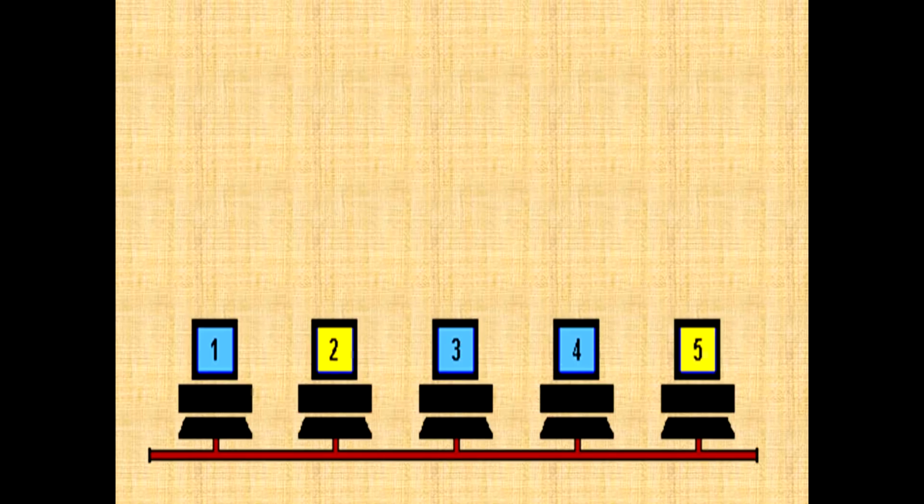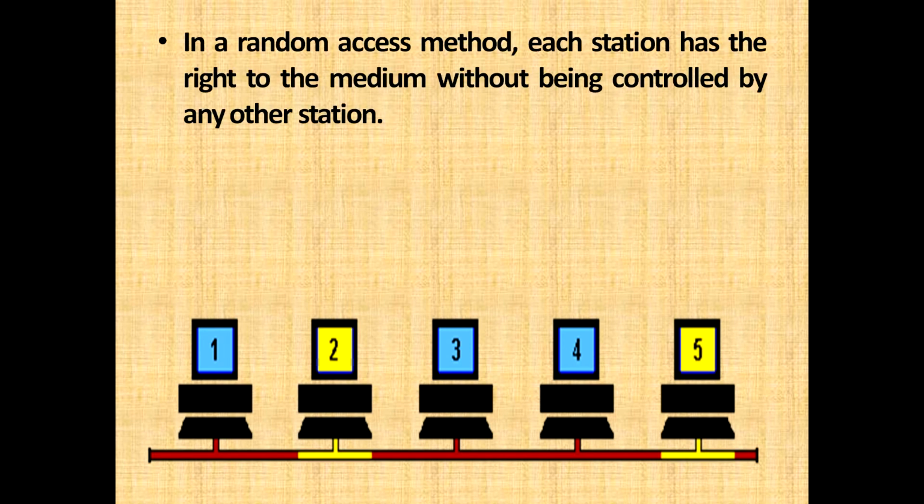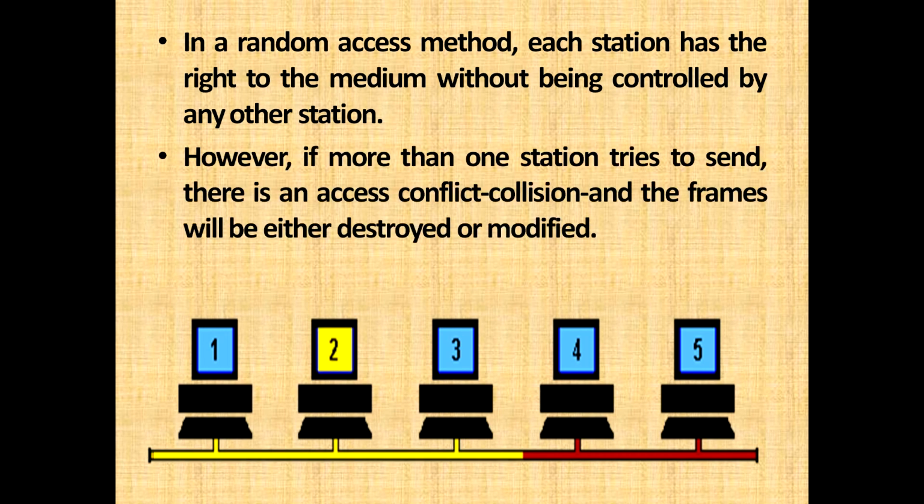In the random access method, each station has the right to the medium without being controlled by any other station. However, if more than one station tries to send, there is an access conflict, a collision, and the frames will be either destroyed or modified.